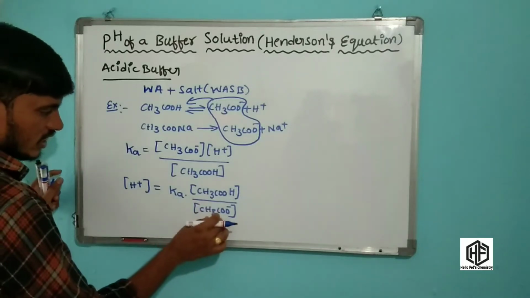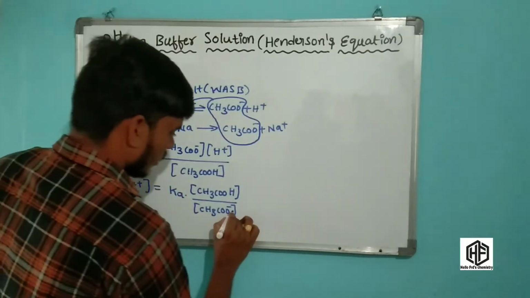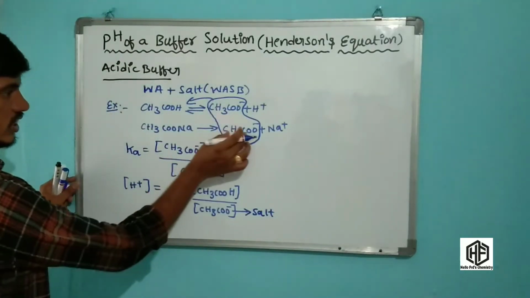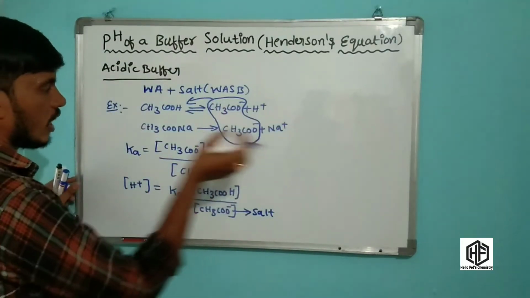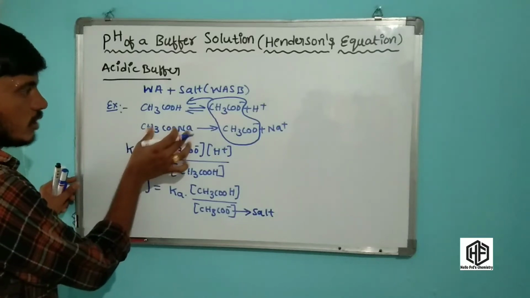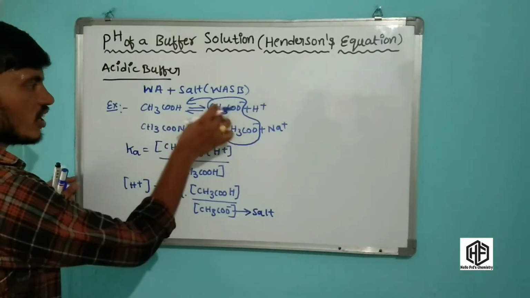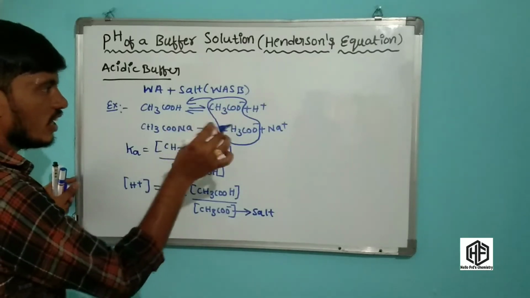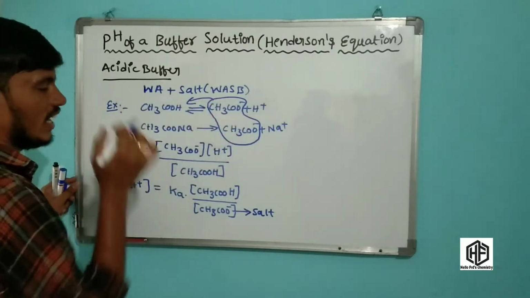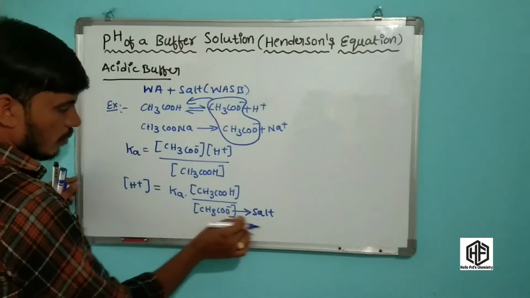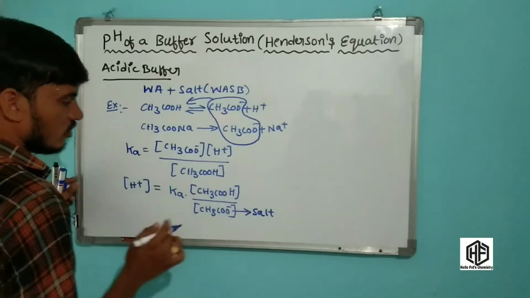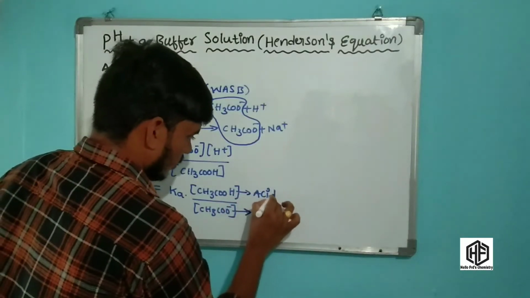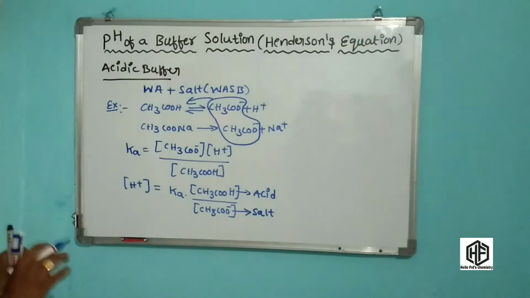So CH3COO minus is mostly coming from the sodium acetate, because of the common ion effect the dissociation of acetic acid is neglected. This CH3COO minus is the salt and this CH3COOH is the acid. Friends, this is acid and this is salt.